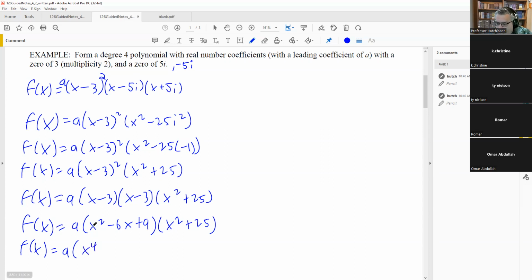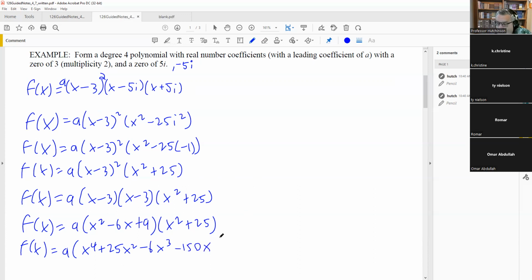We're going to get x to the 4th. X squared times 25 is going to be 25x squared. That takes care of that. Now we're going to do negative 6x times these two things. Negative 6x times x squared is negative 6x cubed. And then we're going to take negative 6x times 25. That's going to be negative 150x.